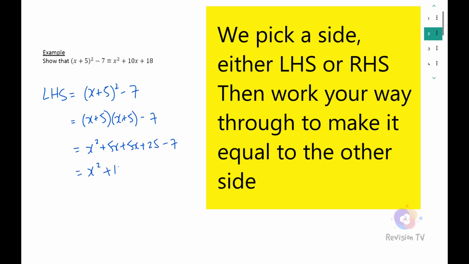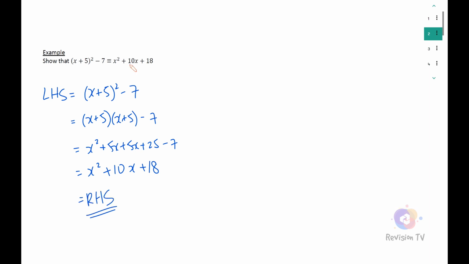Then collect the like terms, which gives x squared plus 10x plus 18. That's the same as the right hand side. To finish off the proof, we say equals the right hand side. So we have shown it by working from the left hand side towards the right hand side. You can also start from the right hand side. If you do want to start from the right hand side, can you guess what we can do?